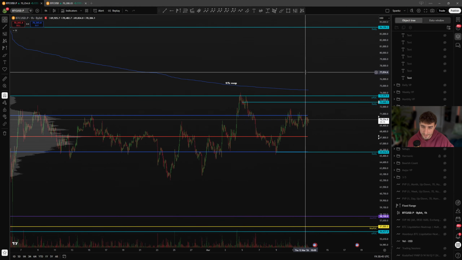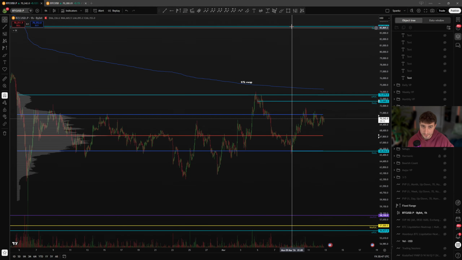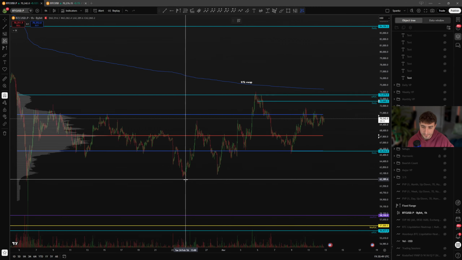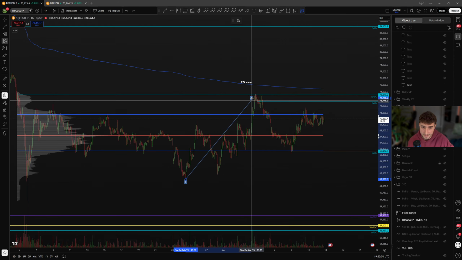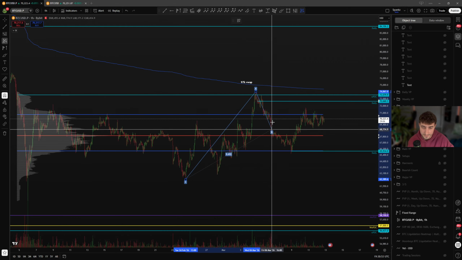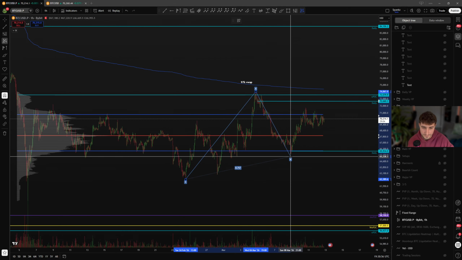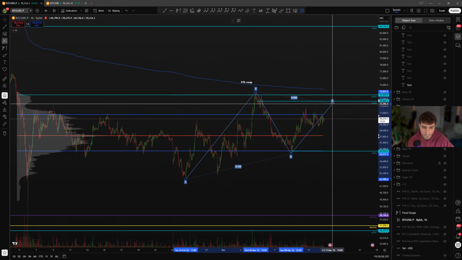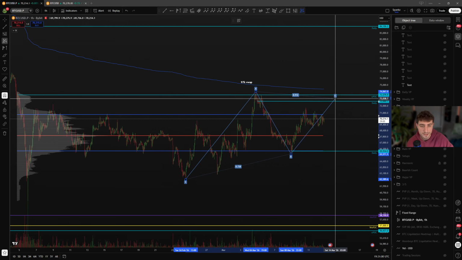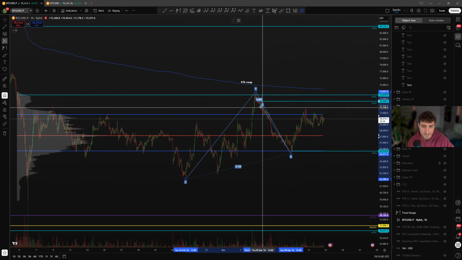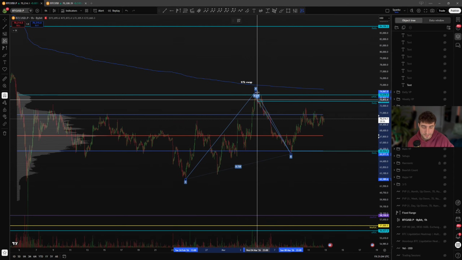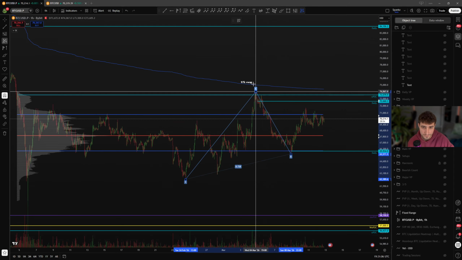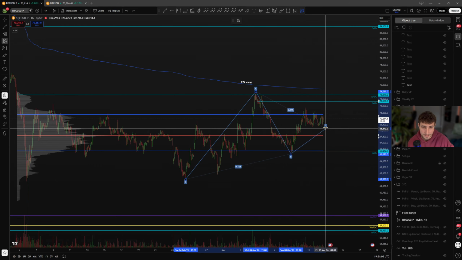Now we can start to look at a few things within this range, and two of those are going to be a harmonic. So you have an X leg down to the B, and then we'd be looking for the scenario of this still being a larger, this is the wave 4 high, the A leg, right?